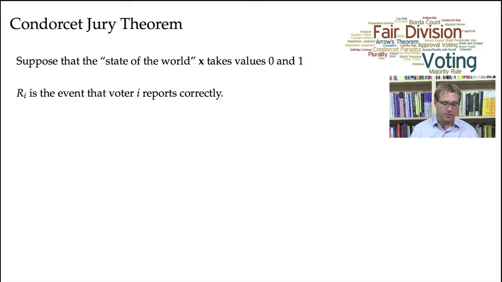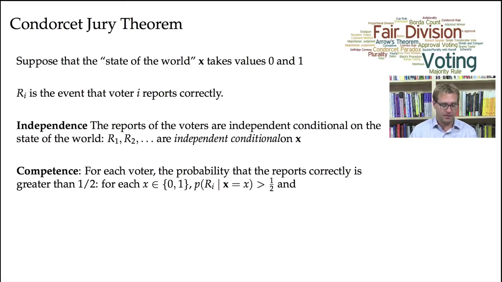So here's the theorem. Suppose that the state of the world takes values 0 or 1. This is what I mean by the proposition being either true or false. So there's some state of the world concerning the proposition at hand. It takes on 2 values, 0 or 1. And let's say r sub i is the event that voter i reports correctly. Our 2 assumptions are independence and competence.